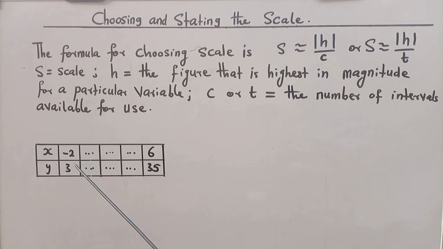Therefore, the t for the y-axis will be gotten by counting how many intervals from 0, that is origin, to the uppermost part of that y-axis, that is the top edge of the y-axis. Then we can cut off 1 or 2 intervals and regard the remaining ones as number of intervals available for use.